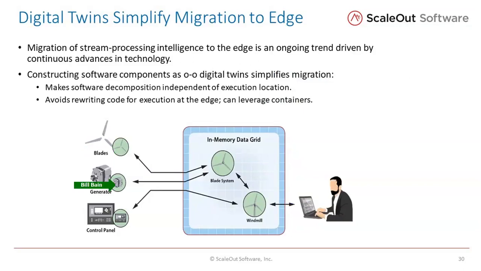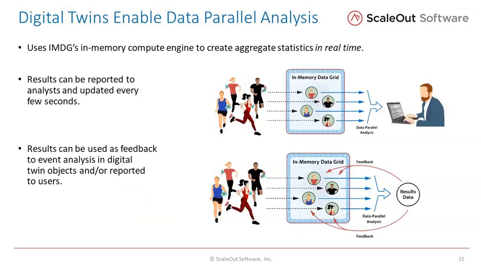We simply change the protocol for shipping telemetry and feedback up into the cloud for doing higher level processing. And so successive refinement can be performed, and maybe over time the blade system would, if it can be, be moved to the edge. And so we can think about using digital twins as a basis for partitioning logic between the edge and the cloud in stream processing.